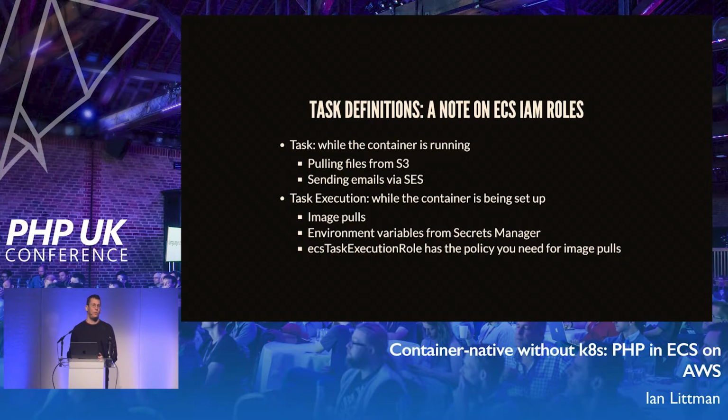But we will use their default ECS execution role, because if we don't, then the ECS environment won't even be able to pull our image. It'll just fail out and say, hey, I can't do it, I get a 403. So keep that in mind as you are building out these task definitions, because where you assign permissions will vary depending on where in the lifecycle you're running.